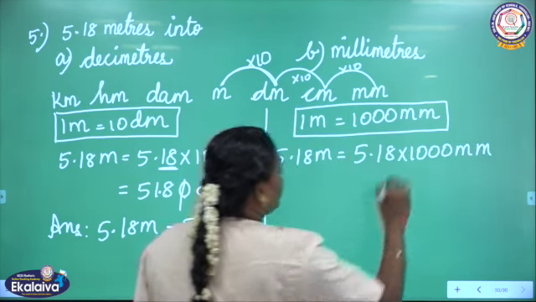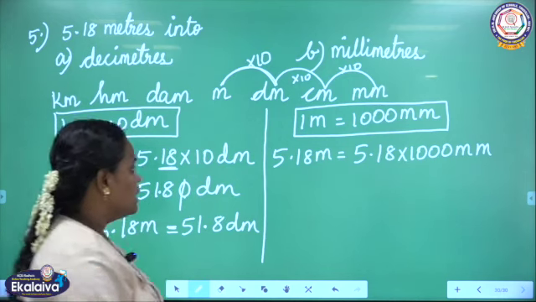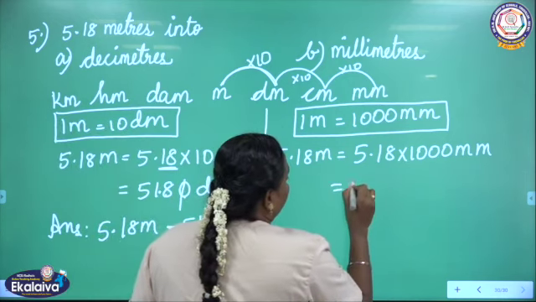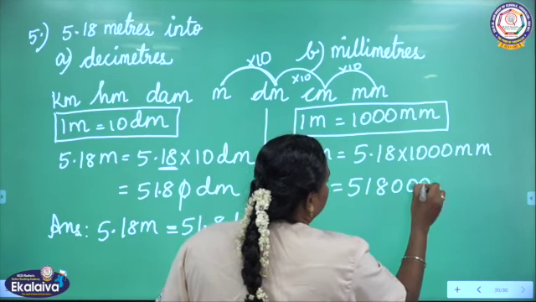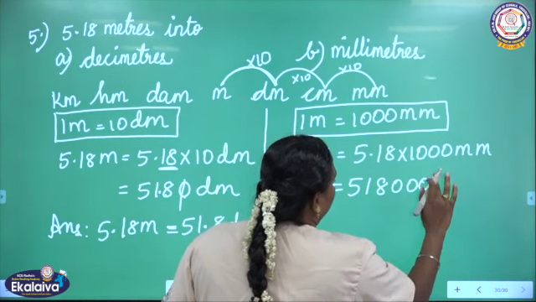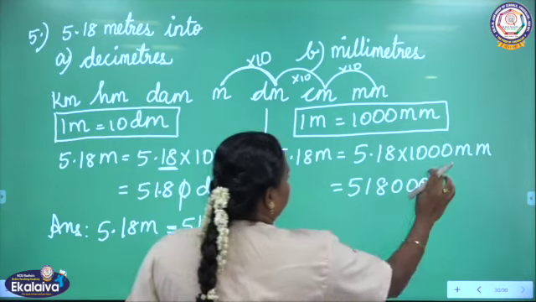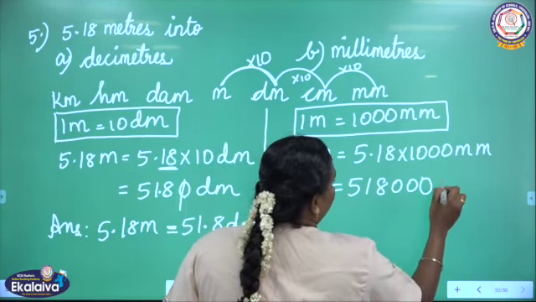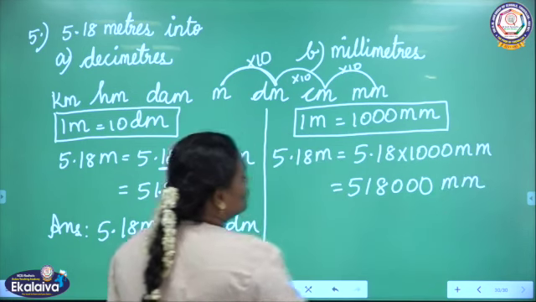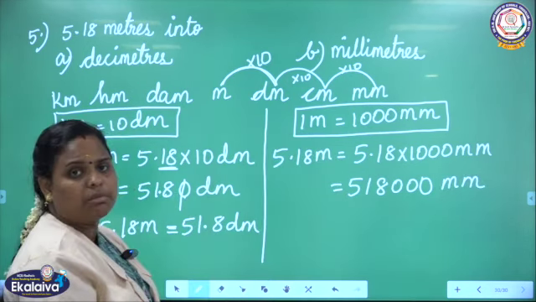If you multiply 5.18 into 1000, write 518, then 3 zeros. Next write millimeter.